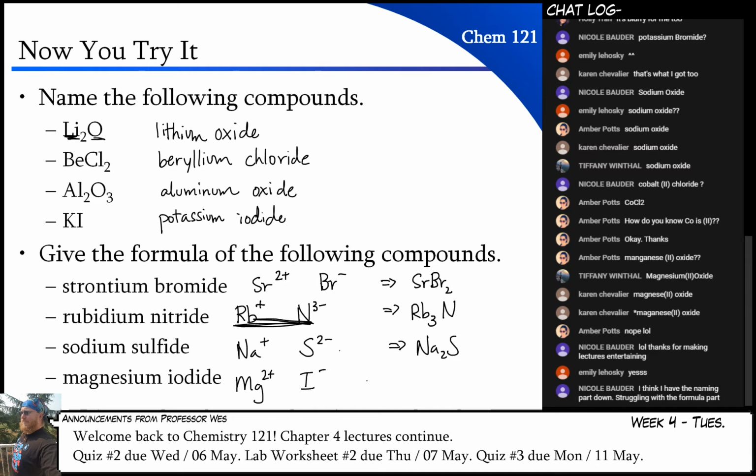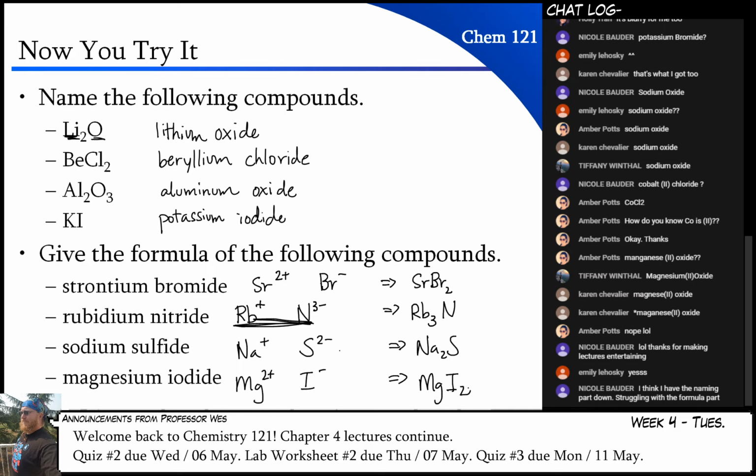It's that. I can make the ionic compound. So that is how you create formulas out of names. And it's tricky at first, but eventually we'll get to the point where it's no problem.